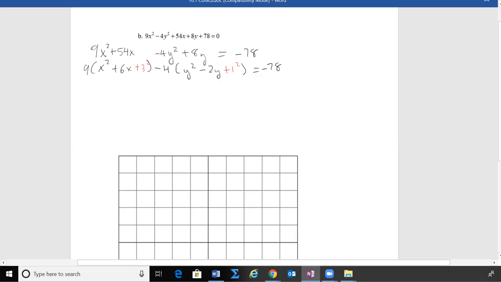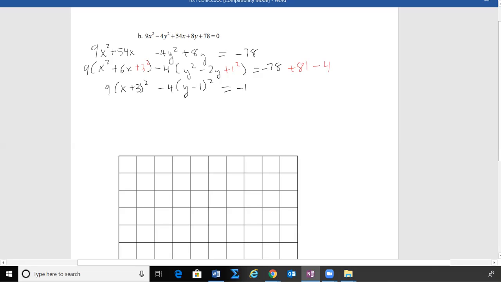Make sure you add in 81 over here, and then you subtract the 4. So that gives you 9 times (x plus 3) squared, minus 4 times (y minus 1) squared. And this right-hand side will bring us down to negative 1.